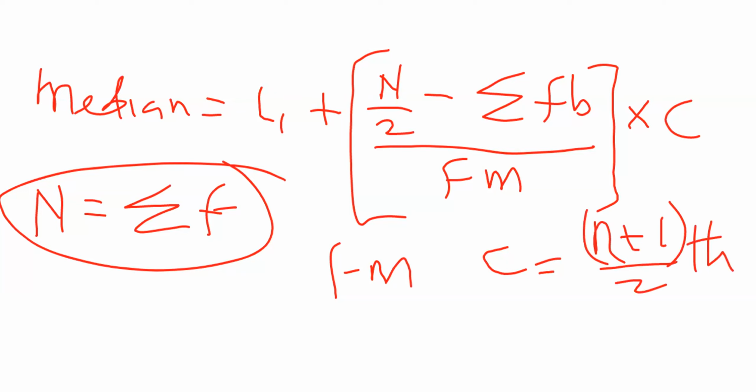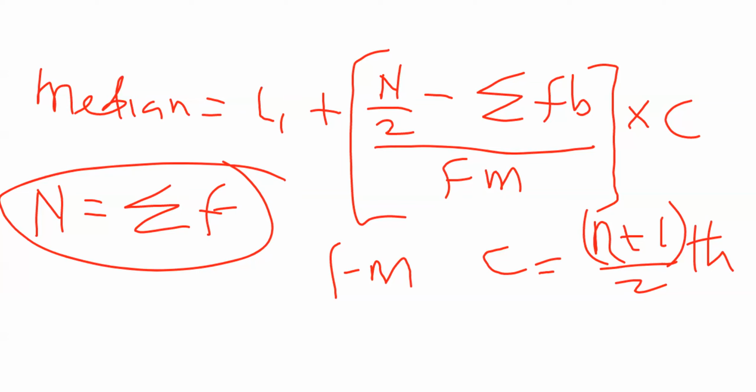You look at this question, the total number is 40. 40 plus 1 will be 41. 41 divided by 2 should be 20 and a half, Abby. Are you still there? Yes.